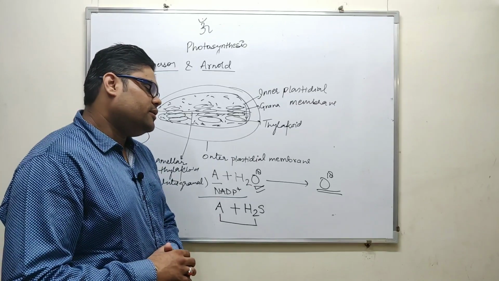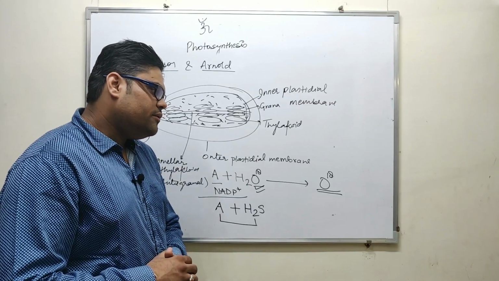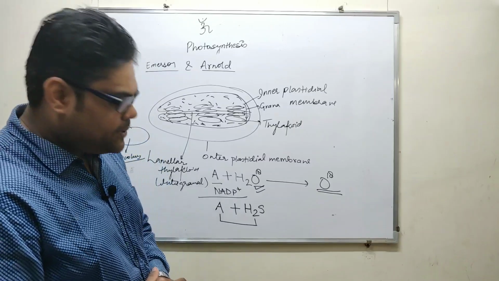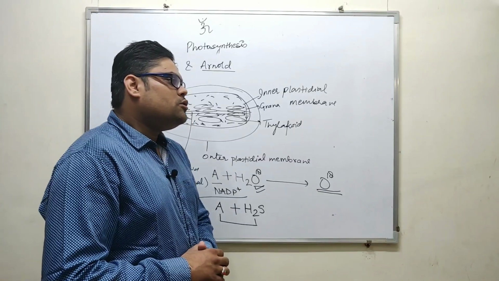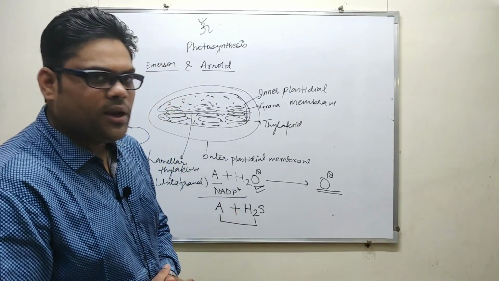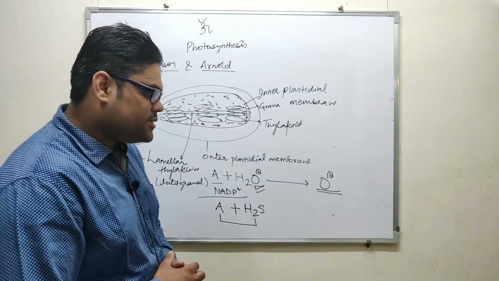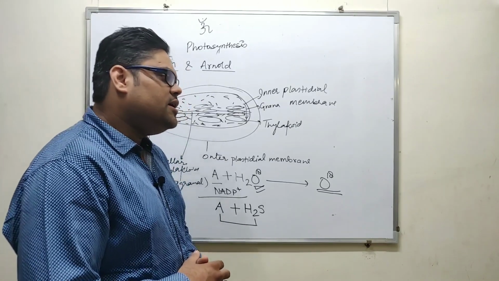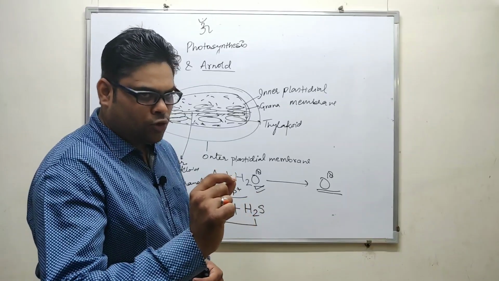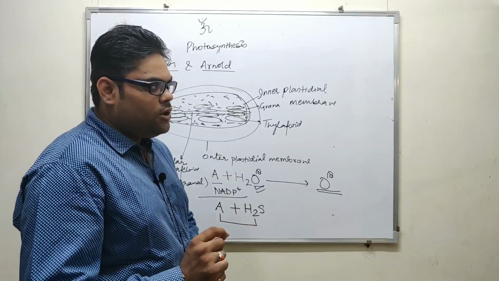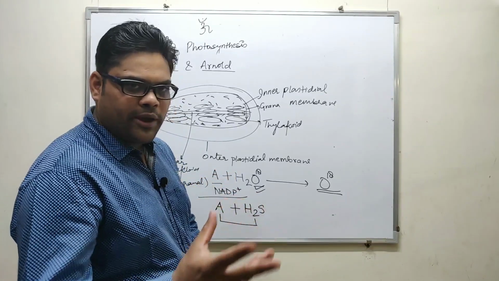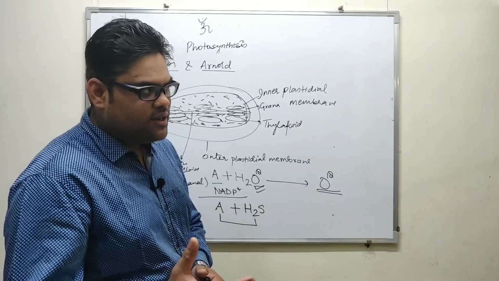That experiment was very unique and very specific. So we will discuss Robin Hill's experiment. According to it, he chose some proton acceptors like chlorophenol indophenol, chromates, ferricyanides, and leaf extract.